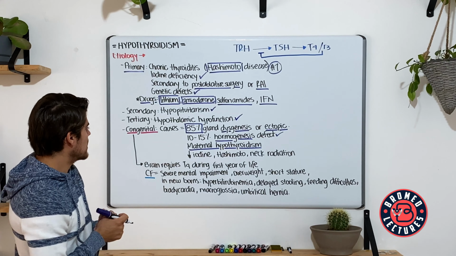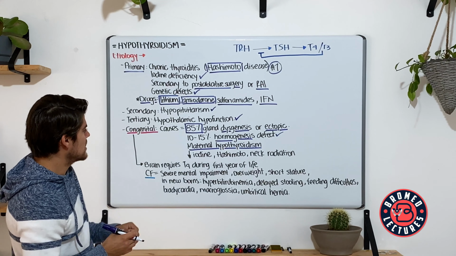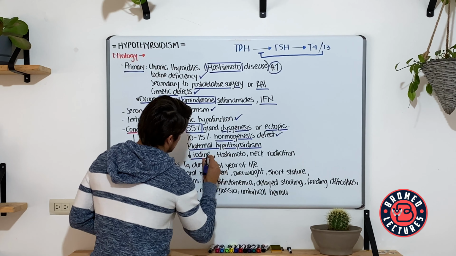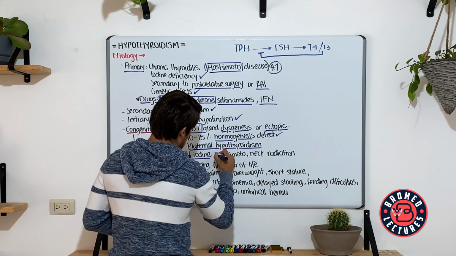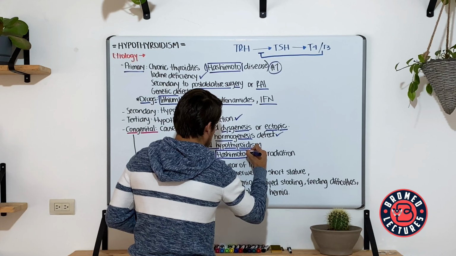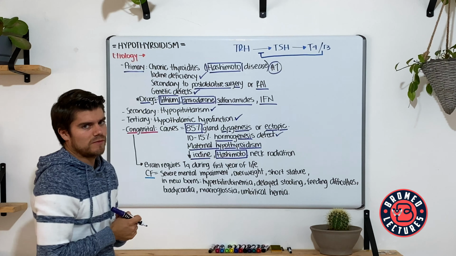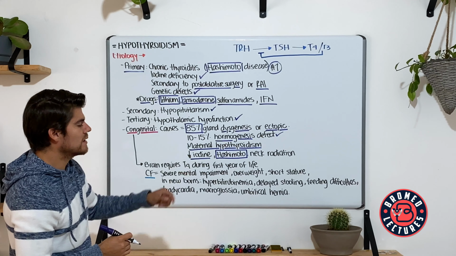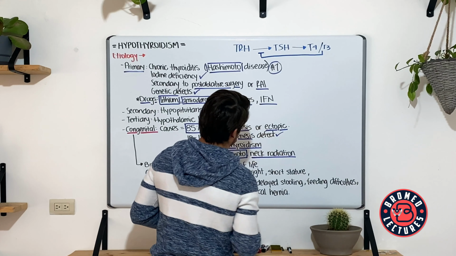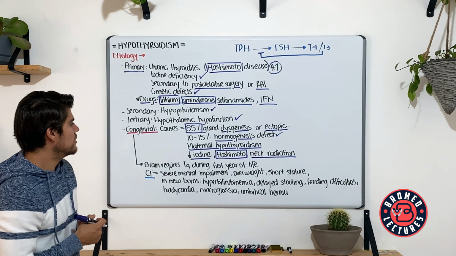Then these patients can develop congenital signs and symptoms. Low iodine in some underdeveloped countries. This one, Hashimoto, we usually see Hashimoto in patients of reproductive age, but it can appear also in children. Have that in mind. Now, neck radiation, only if the patient has this exposure.